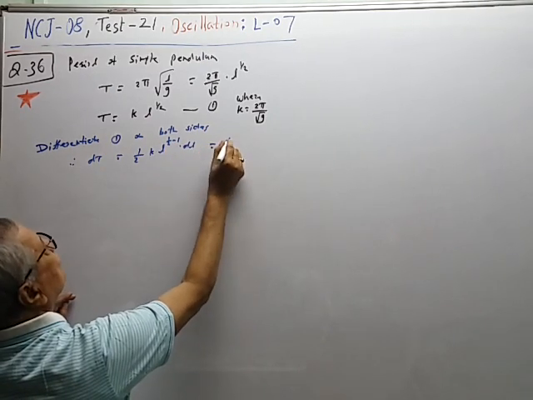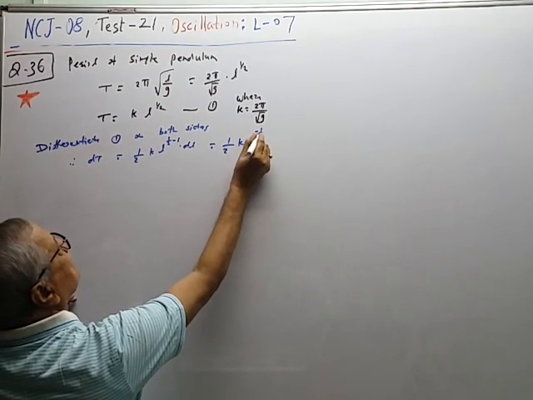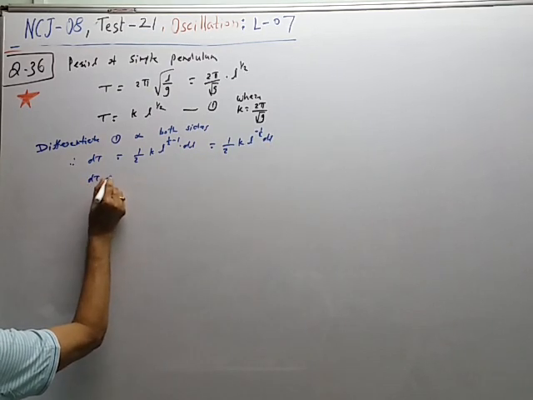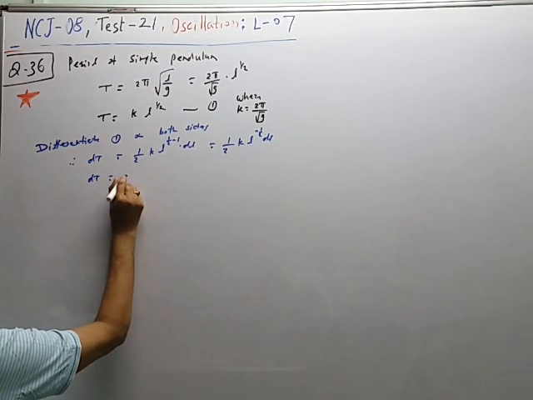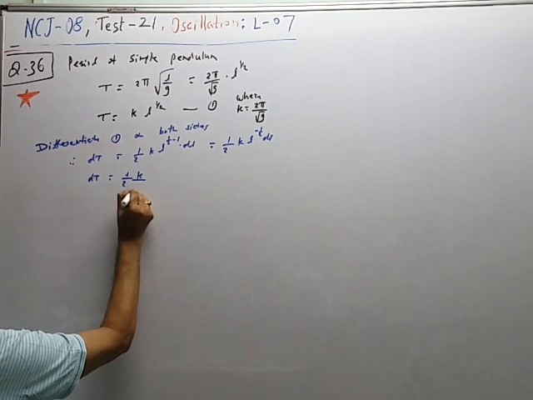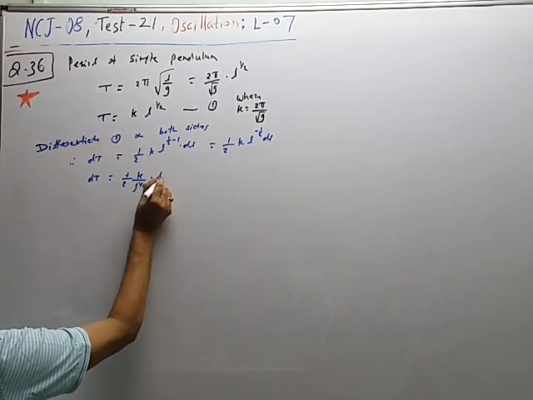So this is equal to 1 half K L raised to minus 1 half into dL, and therefore dT is equal to 1 half K upon L raised to 1 half, खाली गेल्यानंतर तो प्लस होतो, into dL.